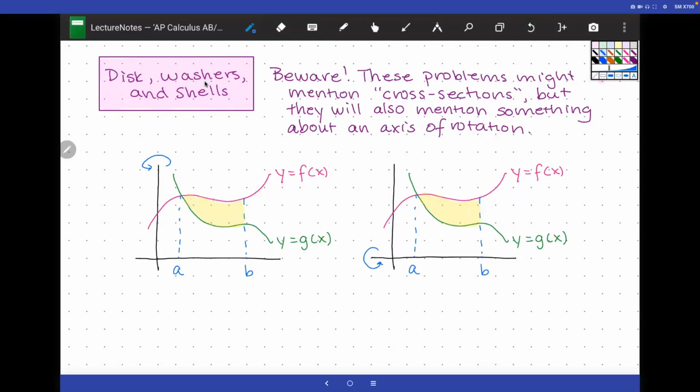It does make more sense to draw the rectangle vertically in this case. Because then, no matter where you draw it, you could draw that rectangle anywhere vertically, and top minus bottom is always going to be pink minus green. So that's good.